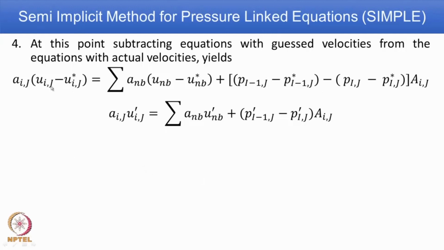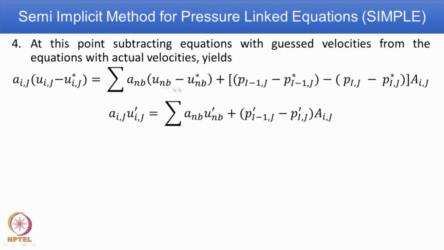If you subtract one from the other, then you get correction pressure as well as correction velocity, and that is what is shown here. So, U I comma j is the actual velocity and U star is the guessed velocity. If you subtract the guess velocity from the actual velocity, that results in the correction in velocity value, and this is repeated for all the terms inside.